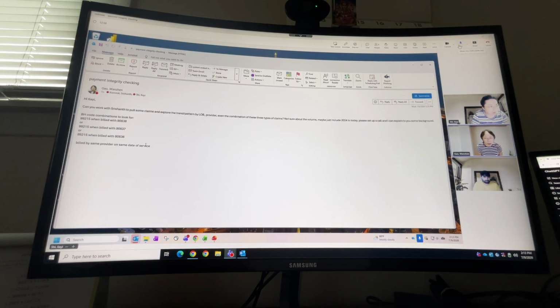That wouldn't work because then you would miss those separated ones, right? If they all bill within the same claim, then that's okay. But some of them may be billing separately, so think about how you pull data. Make sure you don't miss that, and then summarize proportionally how many do it this way, how many do it that way, and then roll up to the same claim. And then what is the total cost for that claim, and then pick up the big ones.